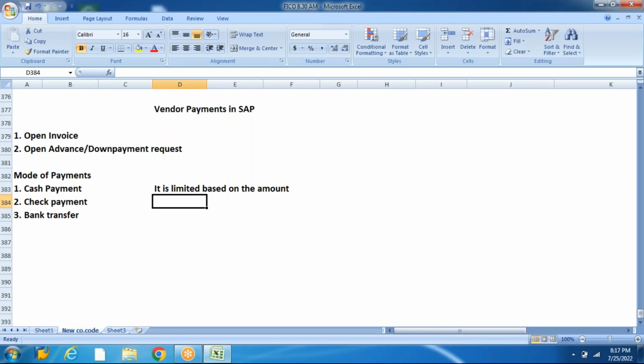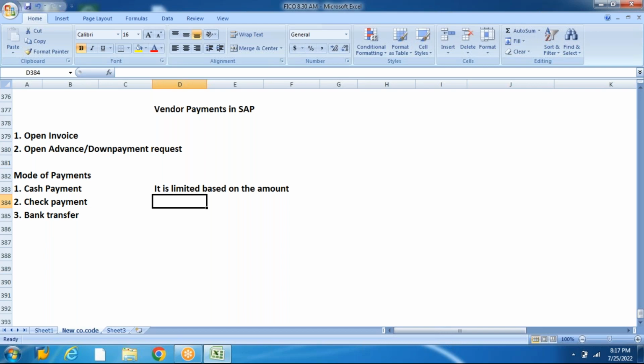Business won't maintain that much cash, and also there will be no transaction to be recorded in future. If it is bank, it will be recorded. Right. Valid. So first point, business may not maintain that much physical cash with them to issue to a vendor.